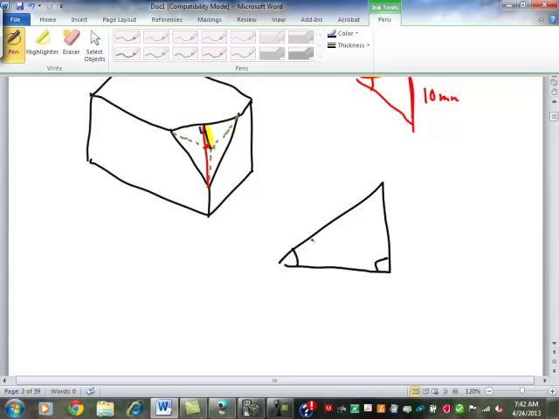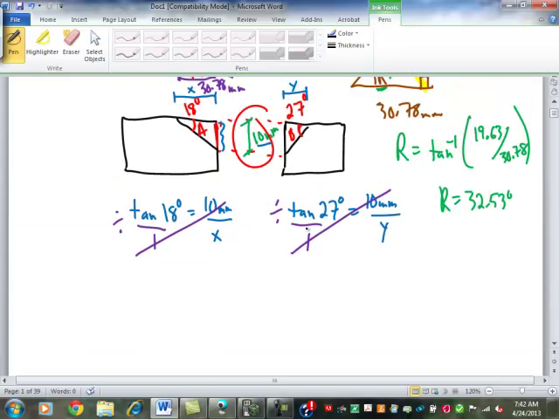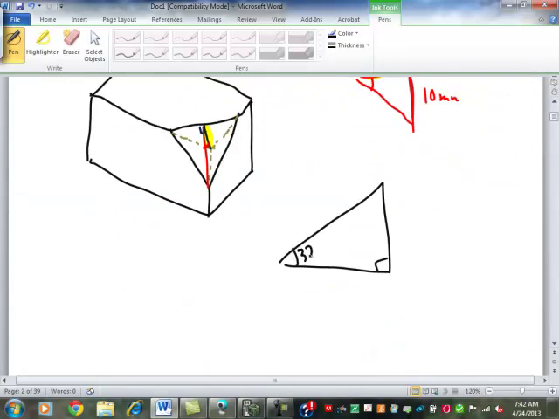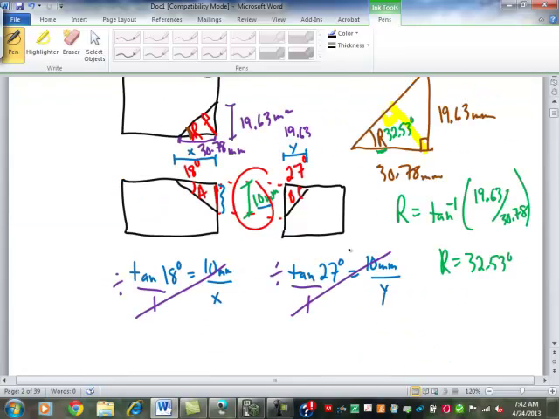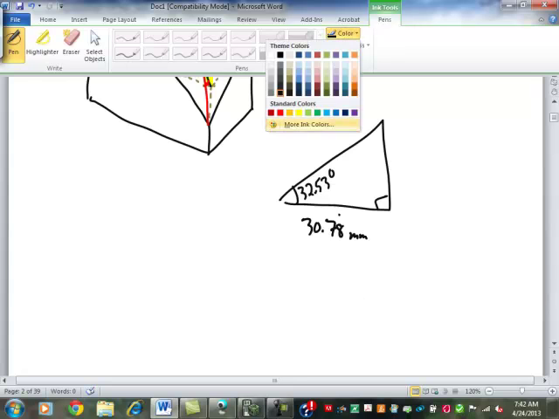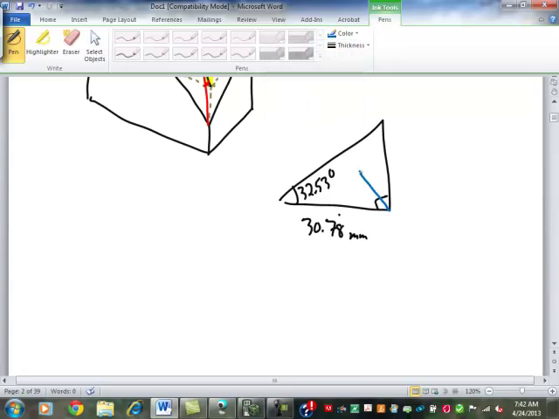So this was my angle R, which we found to be 32.53 degrees. And this side down here was the side that we found to be 30.78 millimeters. We want this dimension here, but since it's going to form a right angle there, we have another right triangle.